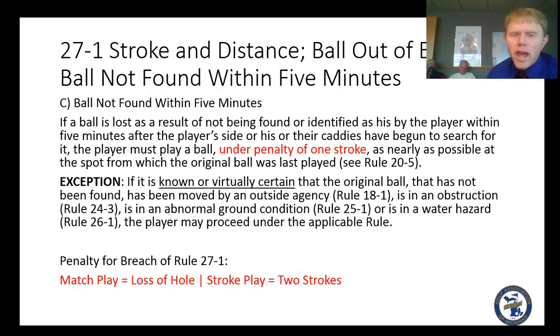No, he can't, and we'll see in the rule here just shortly where it says that. Once the ball is found, he needs to proceed with that original ball, and if he wants to take an unplayable, which would give him the option of going back where he last played from, he could. But he would have to go back and re-hit. He couldn't use that provisional ball.